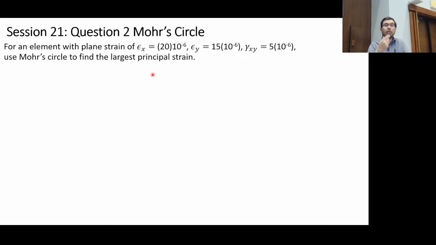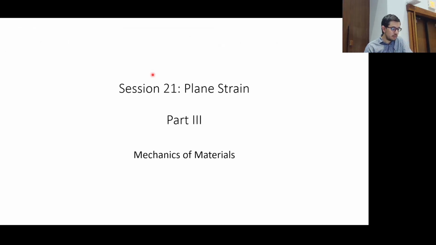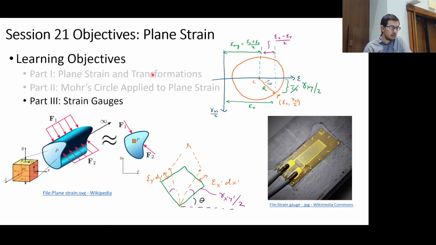And hopefully what you've seen at this point is that Mohr's circle is really nice for calculating maximum shear stresses, maximum principal stresses, and now we'll see that it's really good for calculating maximum shear strains and maximum principal strains. There will be another question on Mohr's circle, and then we'll get into our strain gauges.